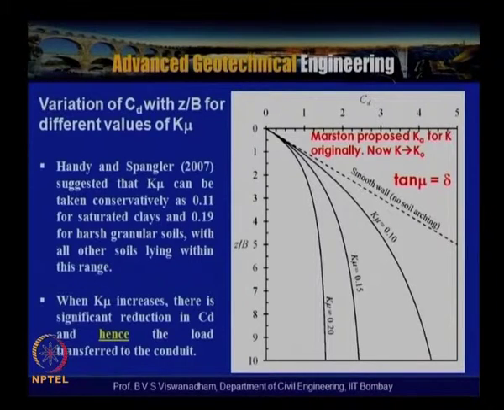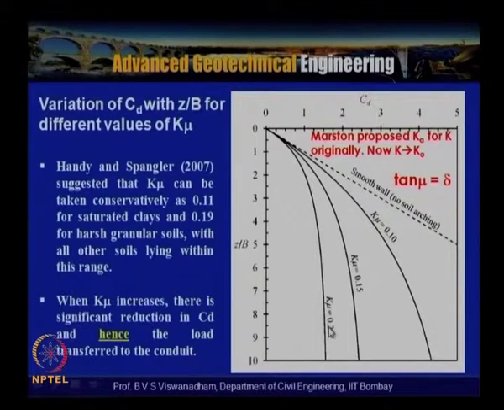So Handy and Spangler suggested that K mu can be taken conservatively as 0.11 for saturated clays and 0.19 for granular soils. All other soils lie within this range. That means for most soils the K mu factor will fall between 0.1 and 0.2.